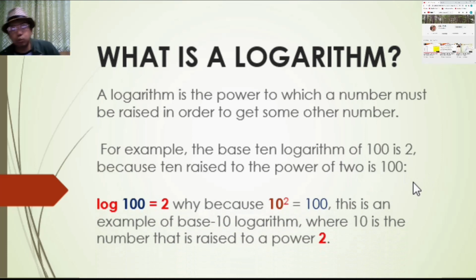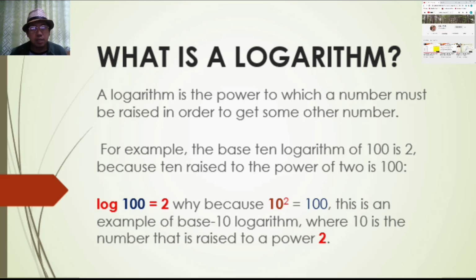Now, how do we write this one in a logarithmic form? This is the same as log of 100 is equal to 2. When we say log of 100 is equal to 2, it is assumed that our base is 10.